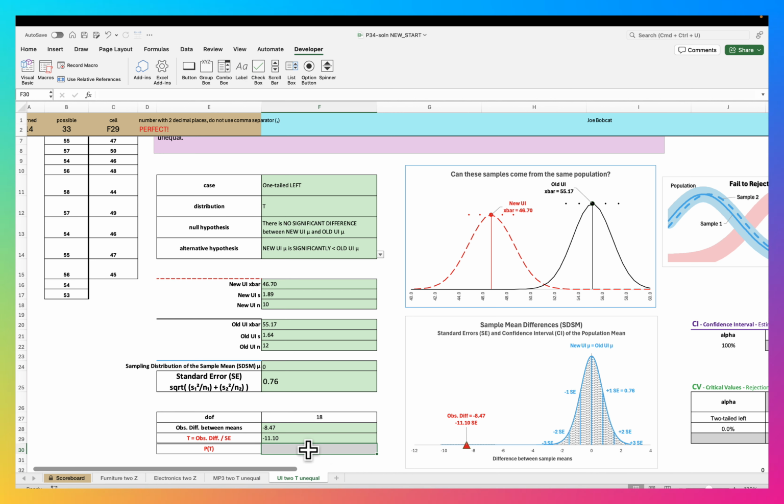All right, so what's the probability of that? It's probably close to 0. So that's going to be t dot dist, and it's just the regular t dot dist because it's left looking, which is what the default really is. Degrees of freedom is that calculation that we're not making you do.